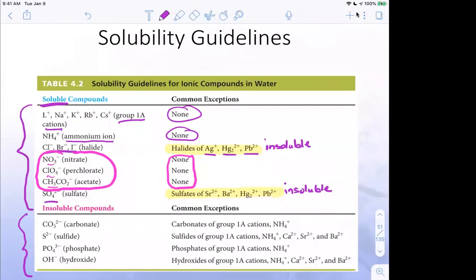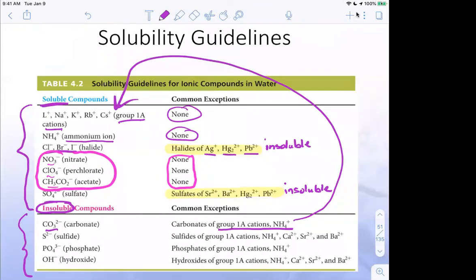Now I go to the bottom of the chart. These start as insoluble. Carbonates are insoluble except when they contain a group 1A cation, which goes up to that rule. Sulfides are insoluble except when they contain group 1 cations and ammonium.